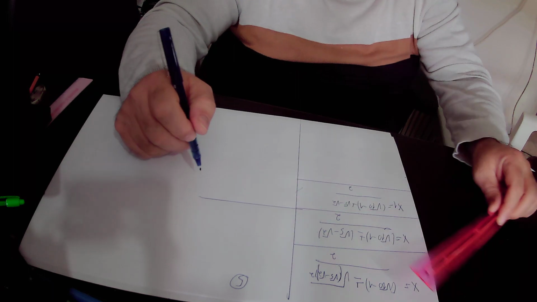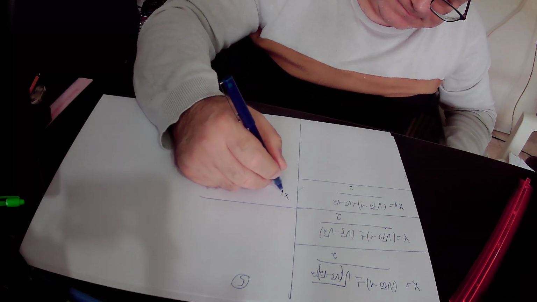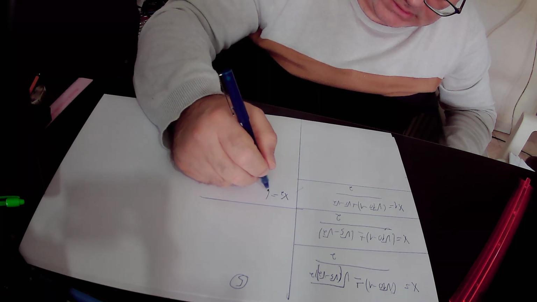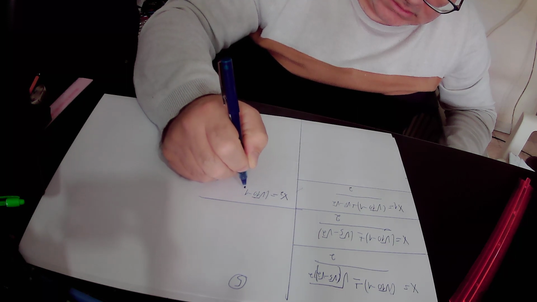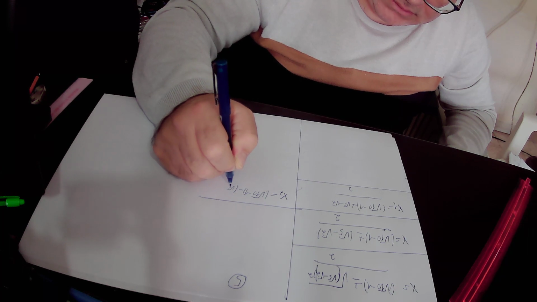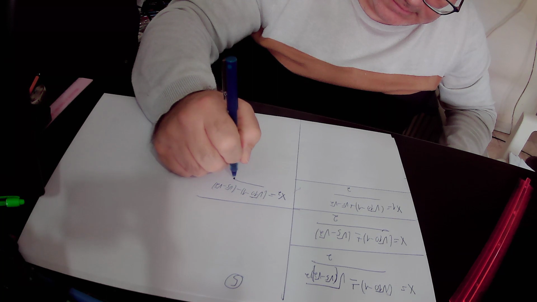And the second solution x2 equals square root of 10 minus 1 minus square root of 5 minus square root of 2, divided by 2.